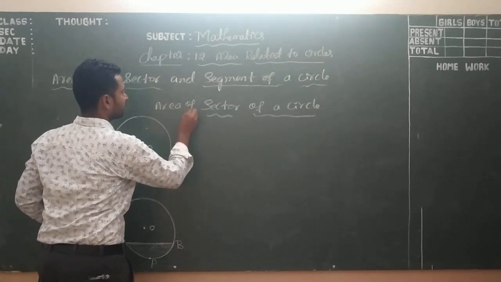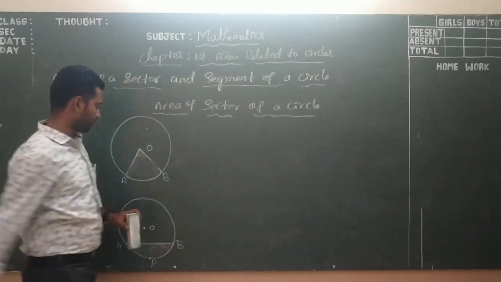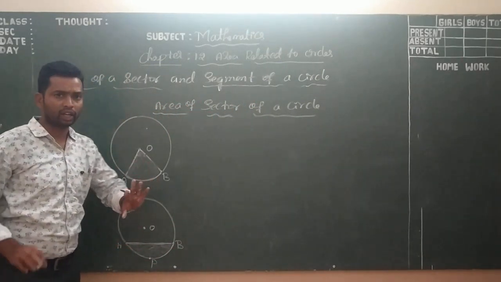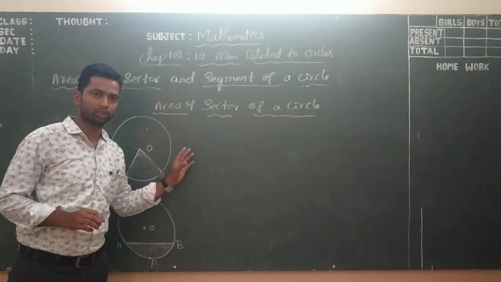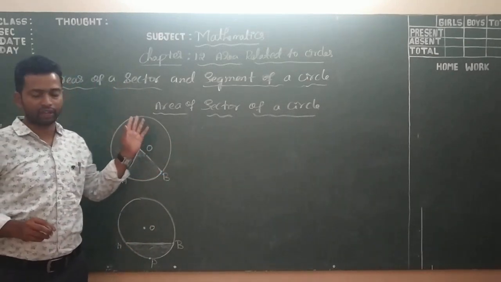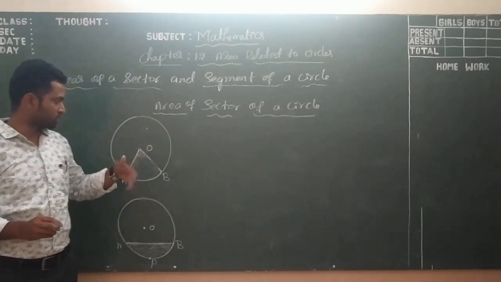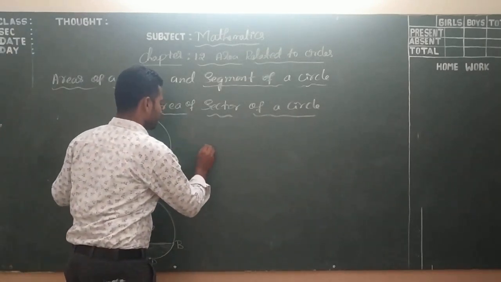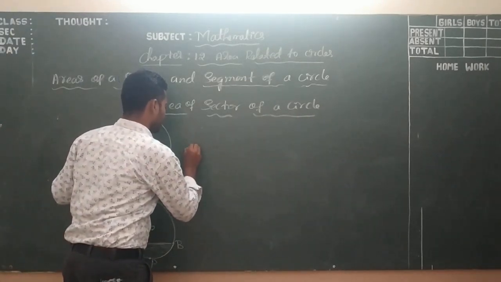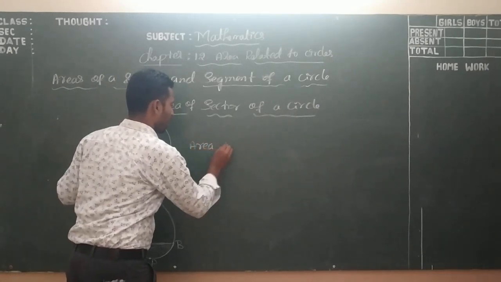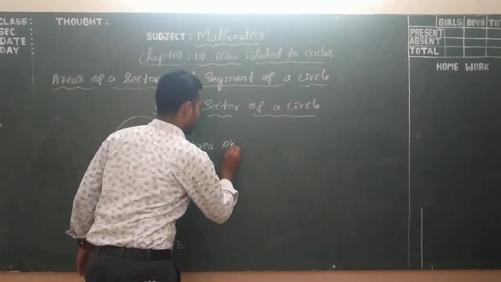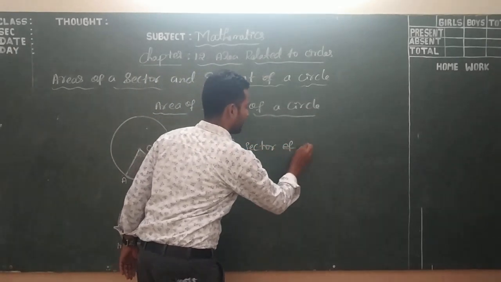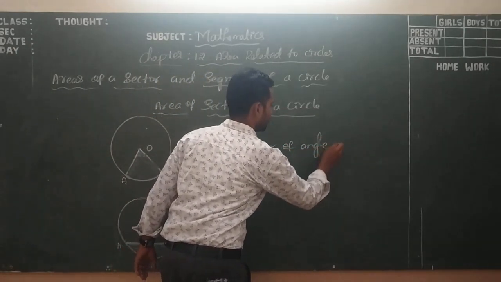Area of sector of a circle. Here there is no derivation for the formula of the area of a sector of a circle. Just remember the formula. So what is the formula? Area of sector of angle theta.